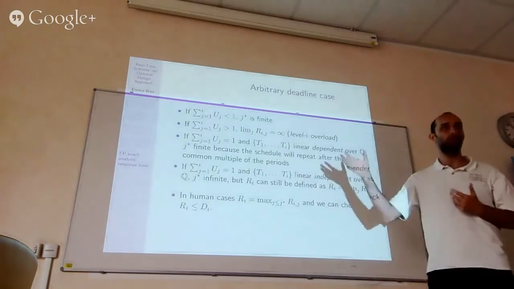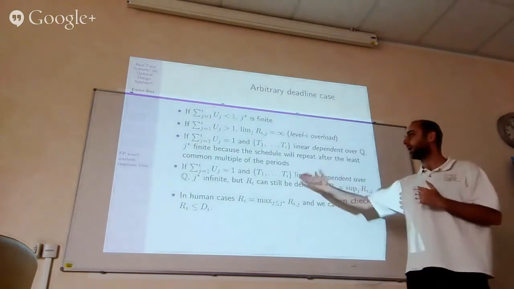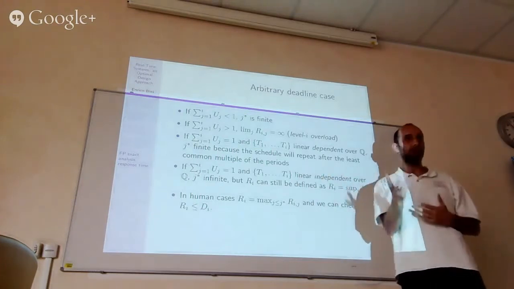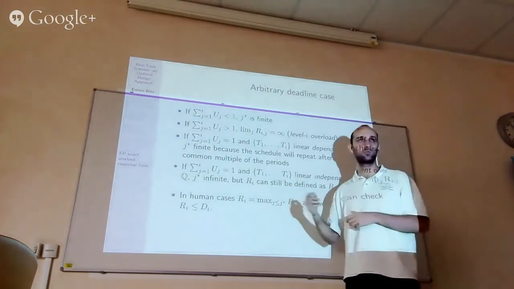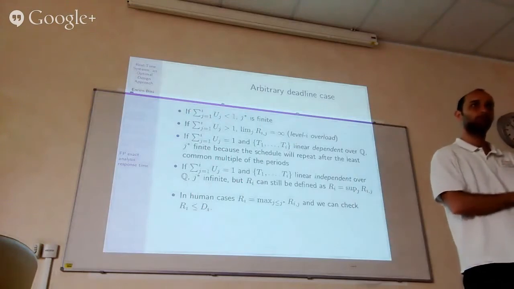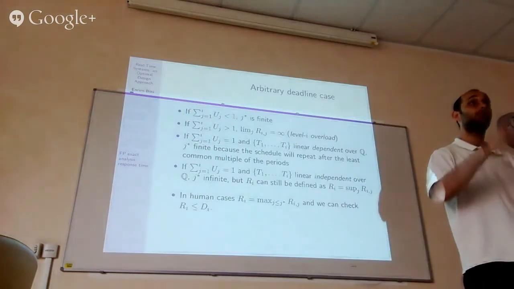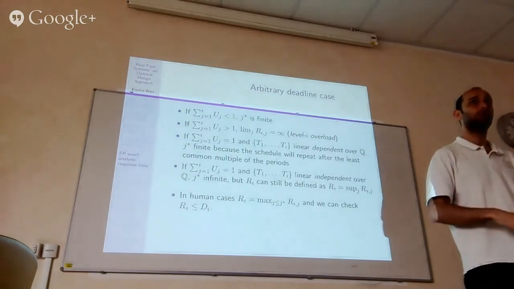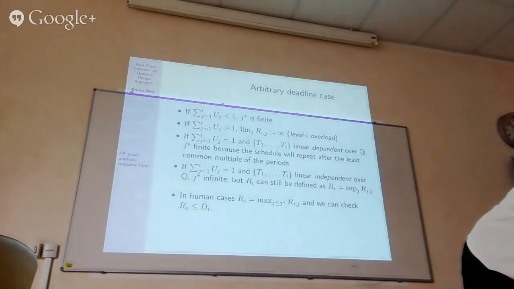non-harmonic. If you have very harmonic periods like 2 and 4, beautiful numbers, it's fine. If you have 13, 19, the more prime they are, the harder it's going to be. But is it faster to compute the recursive equation of the response time, or is it faster to compute the response time? There are going to be more iterations. One step of the recursion is the same.